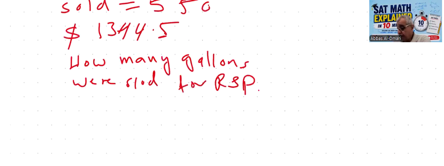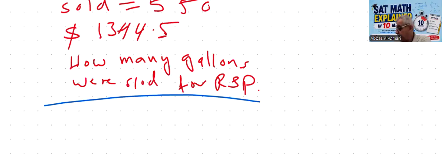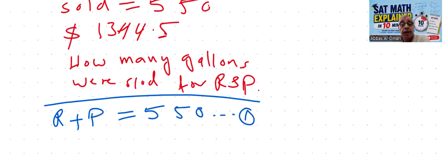The first step is to put the information given into algebraic format. We know that the number of gallons sold is 550, so R plus P equals 550 gallons, where R is the number of gallons sold from the regular gas and P is the number of gallons from the premium.